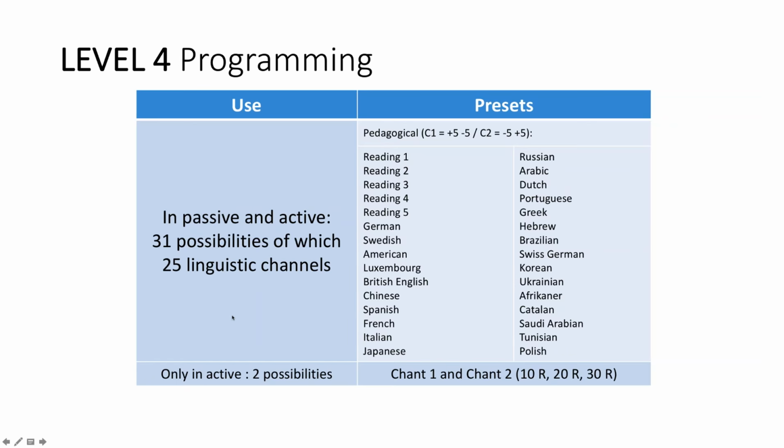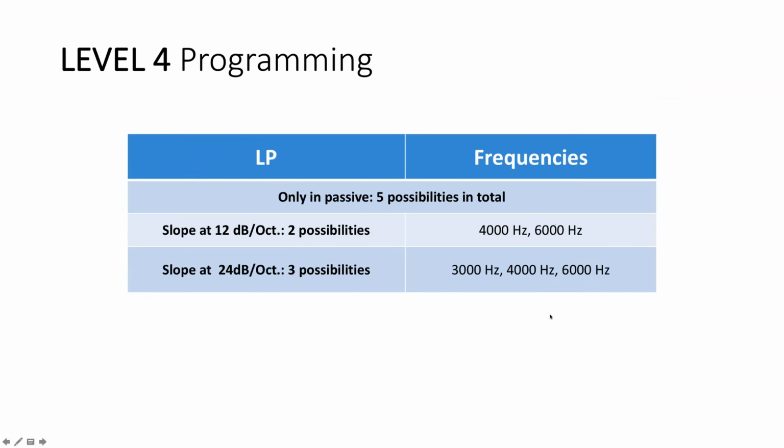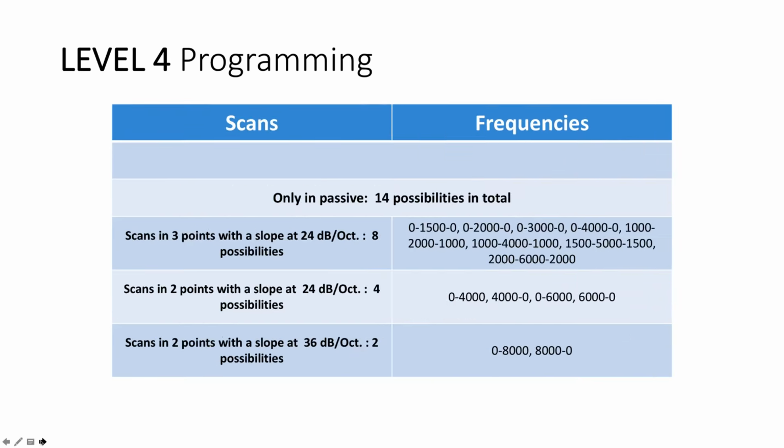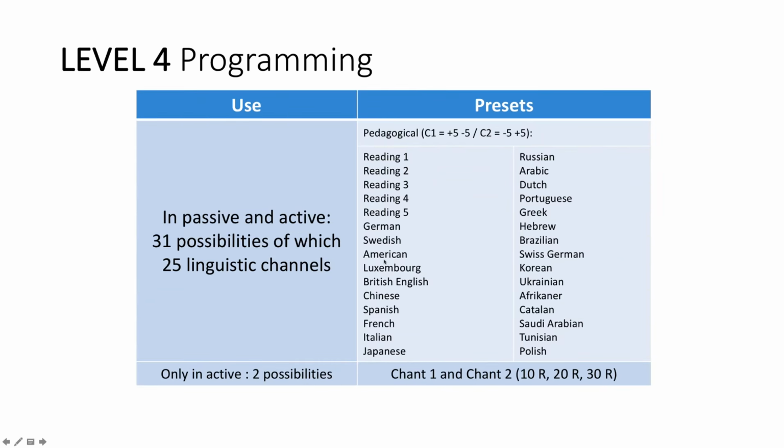In level 4 programming, on the presets, you have 31 possibilities because you have the pedagogical with reading 1, 2, 3, 4, 5, and then you have all the linguistic settings, which are specific to each language. So each language has its specific delay and precession and its specific channels. So the person is able to integrate the rhythm, the prosody of the language they want to integrate.